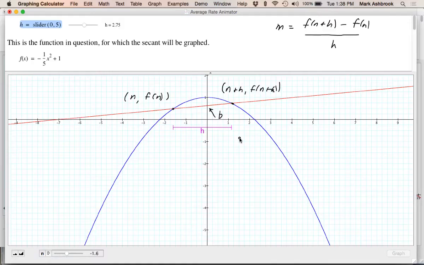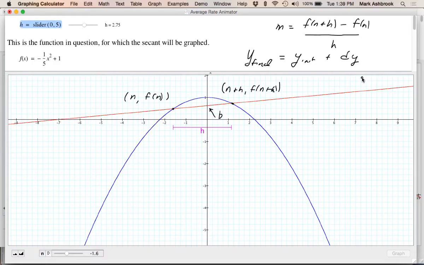So rather than figuring that out and then doing mx plus b, we could just apply that y final was y initial plus change in y.